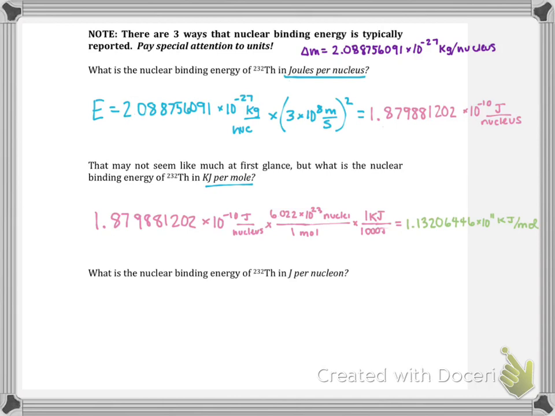Okay, so this third way that we look at our energy and report it is in joules per nucleon. So all we're kind of doing is, instead of saying how many joules is it for this whole one particular nucleus, we're saying how much energy is associated with each individual neutron or proton, because nucleons are just neutrons or protons.